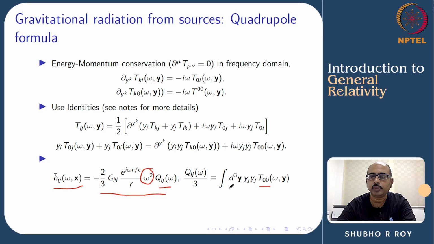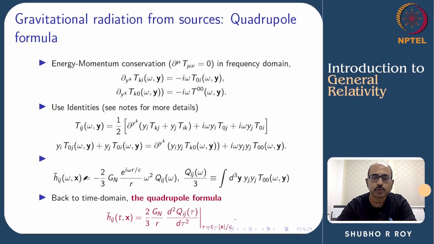Okay, so it's a second order moment integrated all over the source, T00. So this is the quadrupole moment. Now, the point y equal to 0 we can choose to be the center of mass of the source actually.